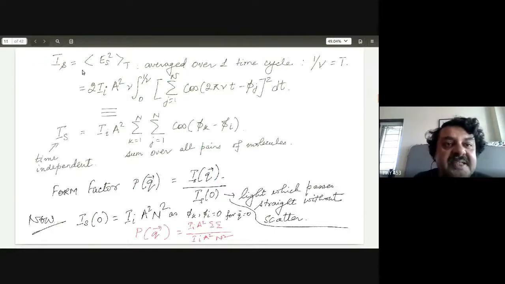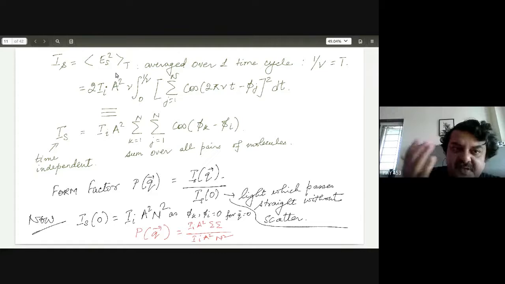The scattered intensity will be E_s whole square, time averaged over the time cycle, right? And so basically you take enough averaging over a time cycle, and more actually over different conformations, but we'll come to it.